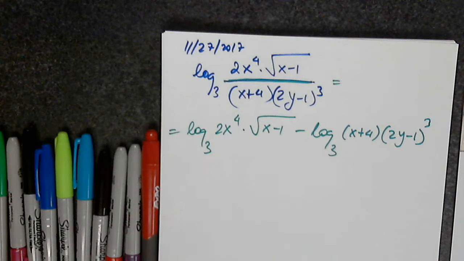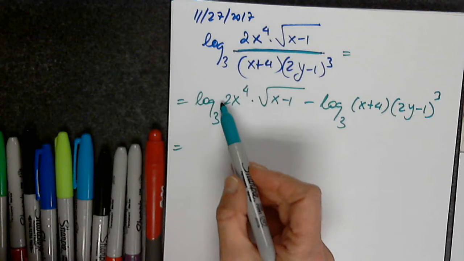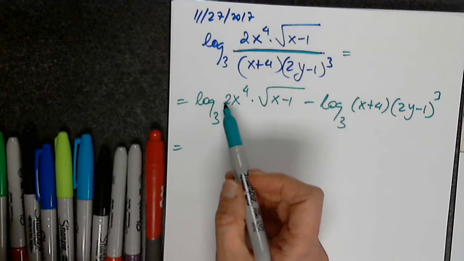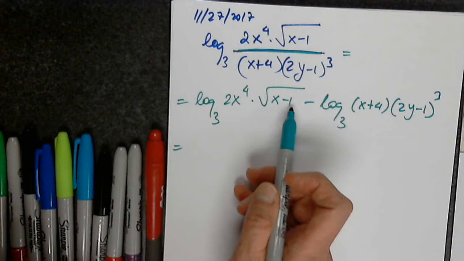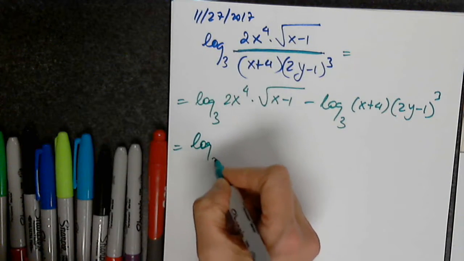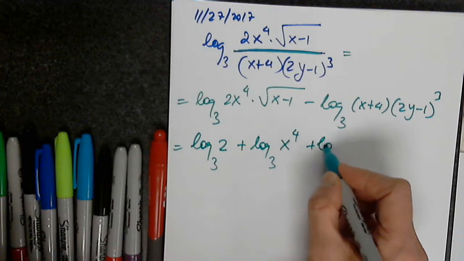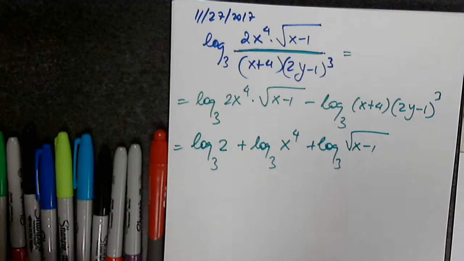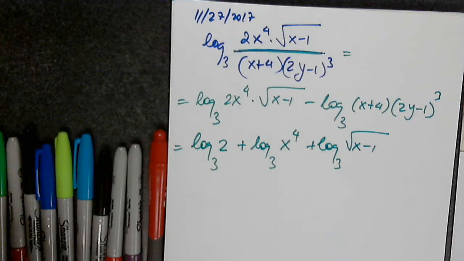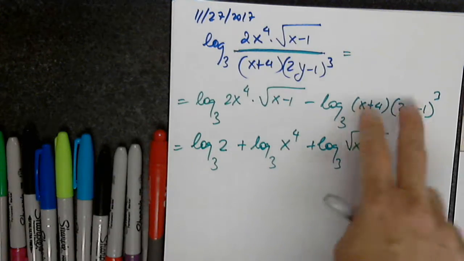Is that okay? So now here I see 3 factors, 2, x to the 4th, and the square root of x minus 1. So I have to have a sum of 3. Log base 3 of 2 plus log base 3 of x to the 4th plus log base 3 of the square root of x minus 1. It's the product rule. We agree? Now here I have 2 factors.